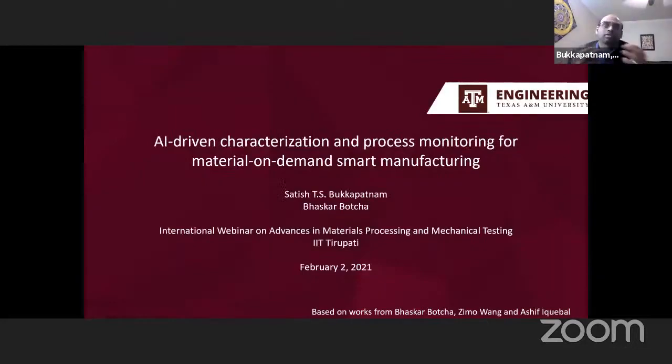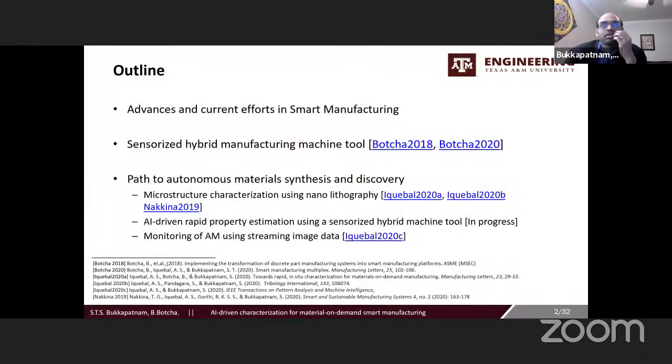And through this process, I will introduce the idea of material on demand manufacturing, as well as what is AI-driven characterization and process monitoring. And also we will get into the details of some of these methodologies. At that point, Bhaskar will take over and give those details to us.